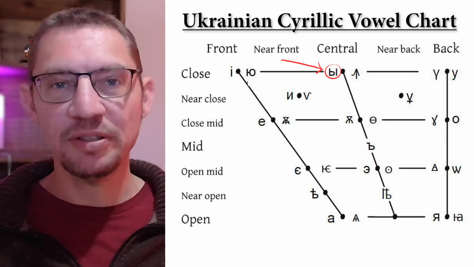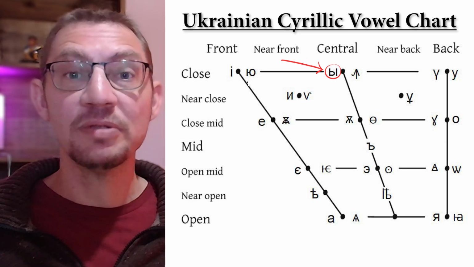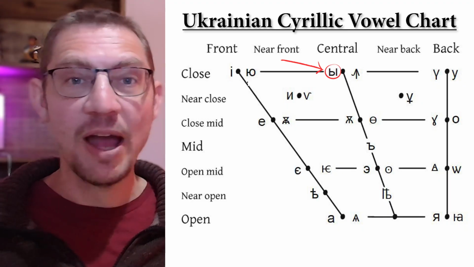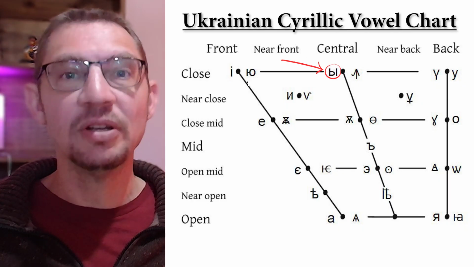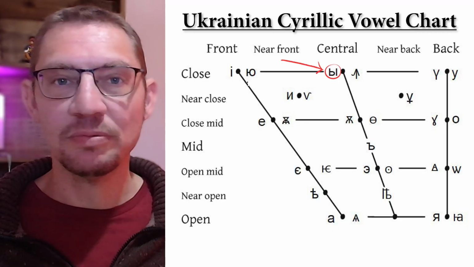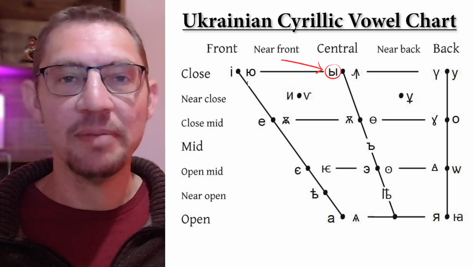I have one Russian student who's also a linguist who actually prefers using this vowel sound for the American I sound rather than the reduced form of the Y sound. And when she puts it into practice, it really does sound perfect as an I sound for my American ear.